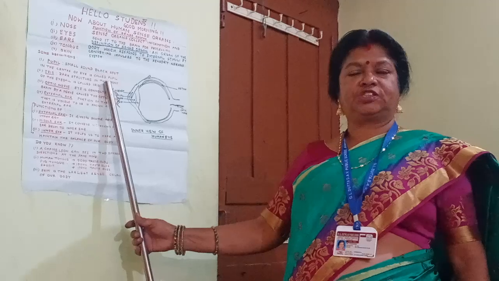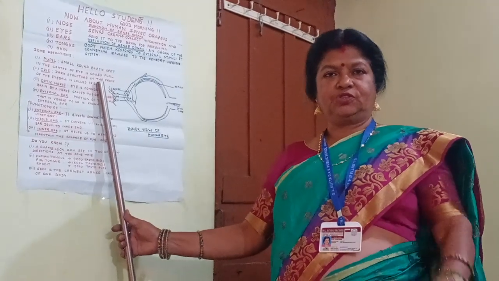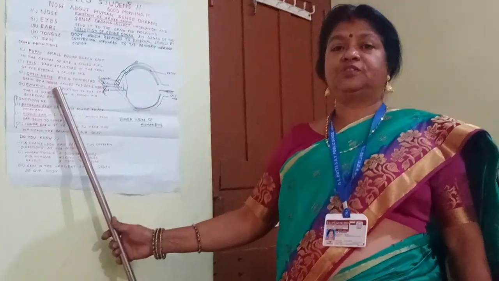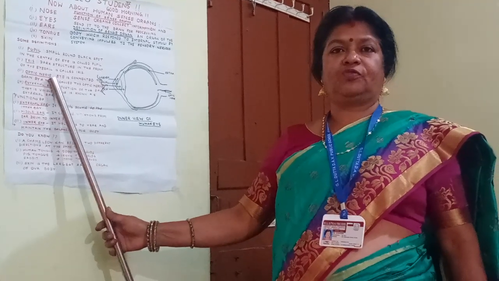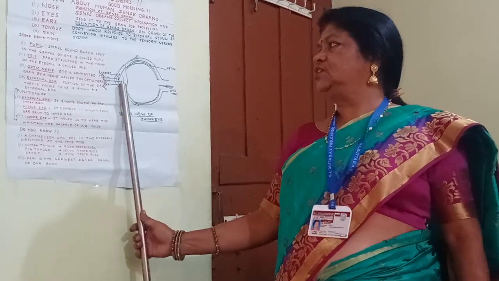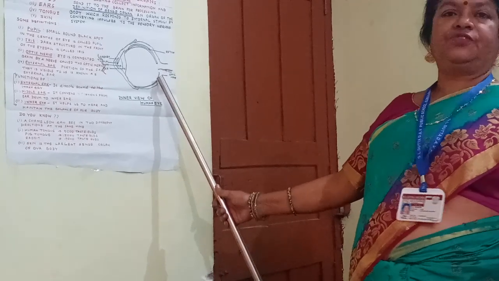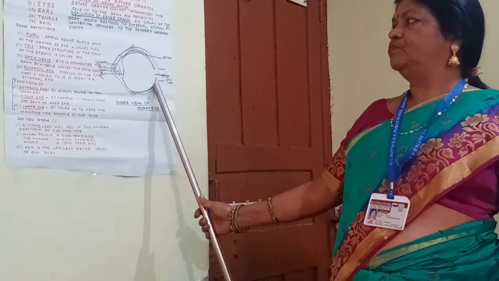We are able to study. We are able to see the letters of the book and letters of the copy, isn't it? Then only we are able to study. So there is a very important role of the optic nerve in our eyes. It is the nerve which connects the eye with the brain.